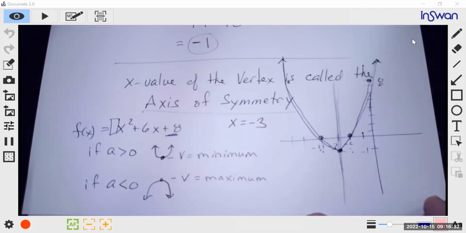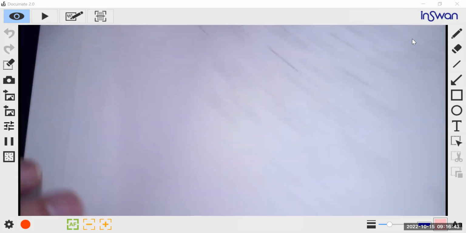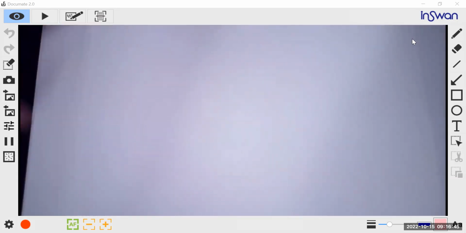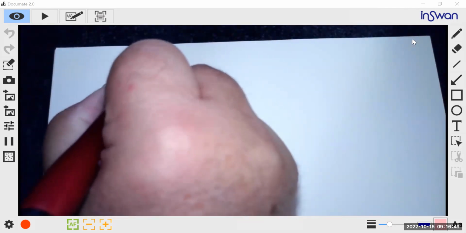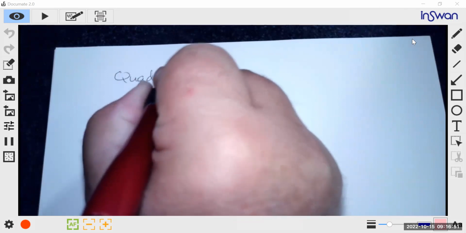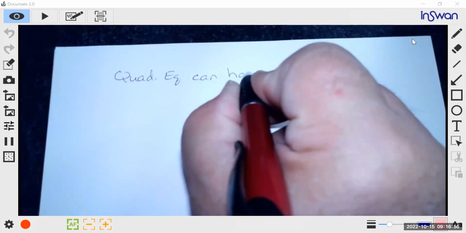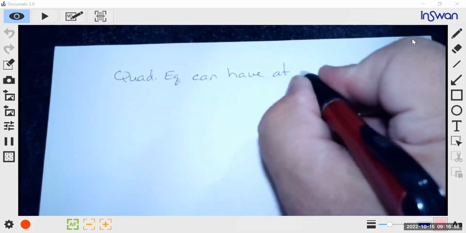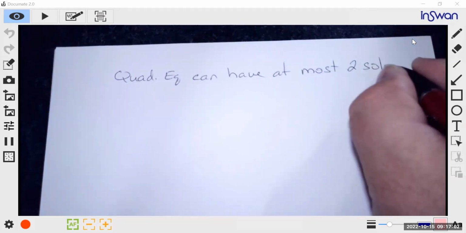Now, will we always have two solutions? No. Quadratic equations can have at most two solutions.